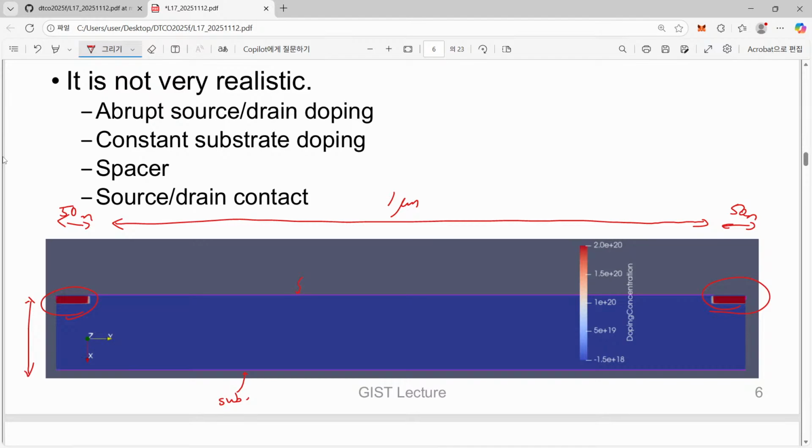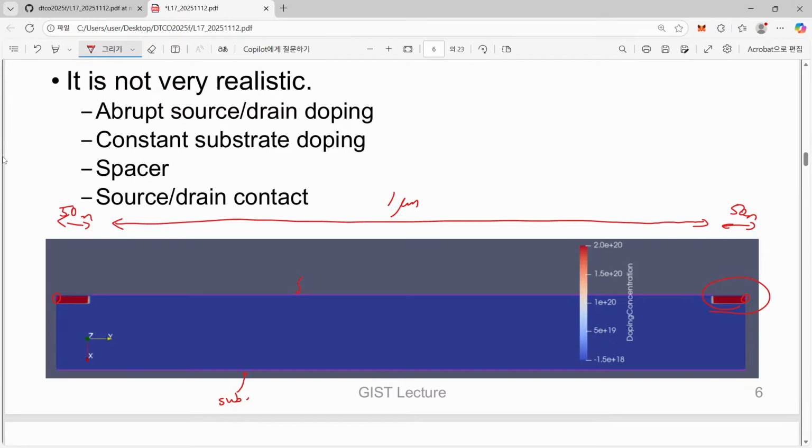Then where do we have the source and drain? In this implementation, I'm not quite sure you can see clearly. Here we have a very short segment, and this is corresponding to the source, and here we have a very short segment that is corresponding to the drain contact.